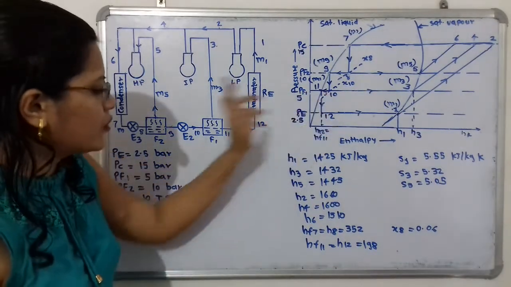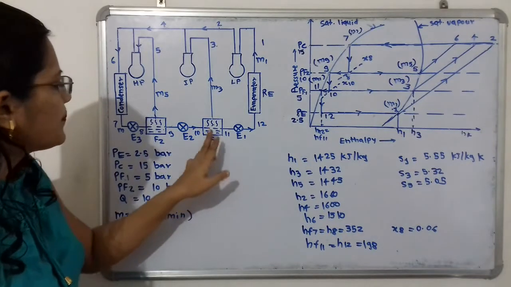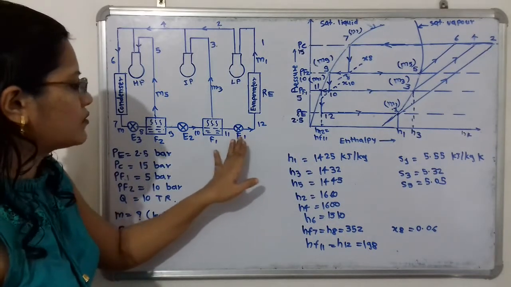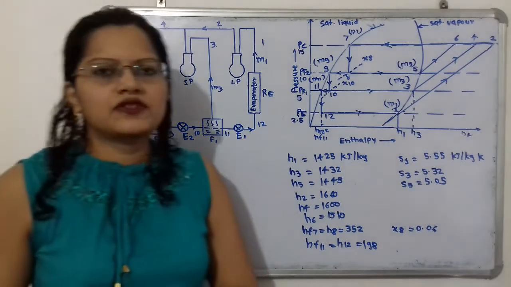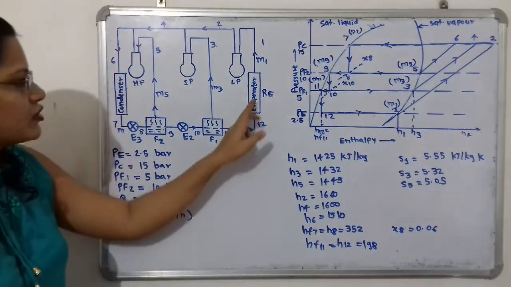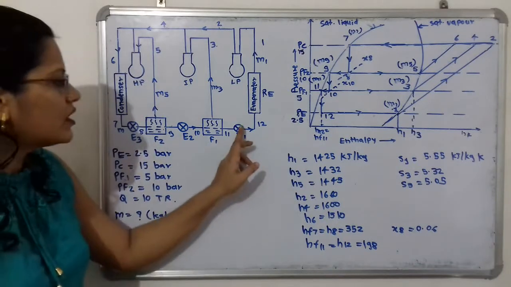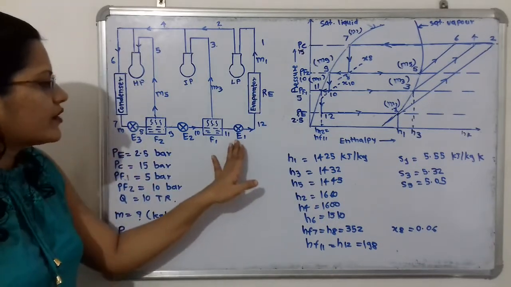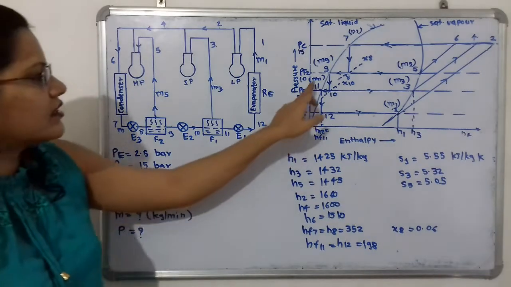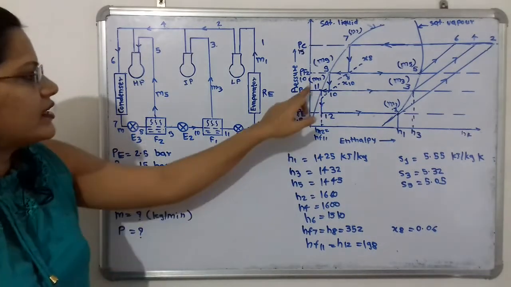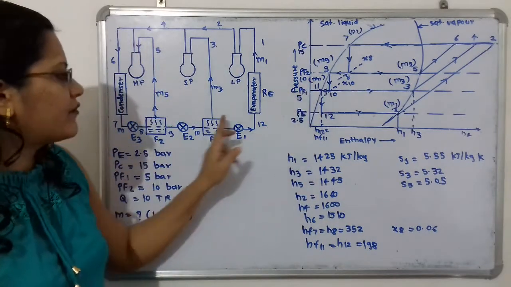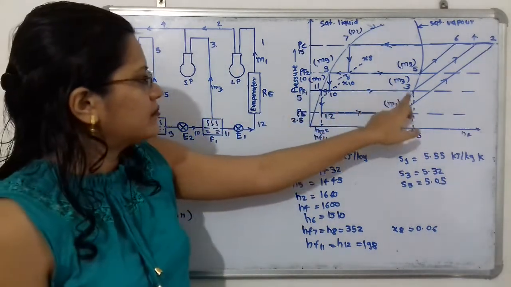Now again if we observe, there is the expansion process from 11 to 12. This expansion process is taking place up to the evaporator pressure, because next it is moving towards the evaporator. We will consider the mass of refrigerant at point 11, that is the liquid refrigerant M11 and vapor refrigerant M3.